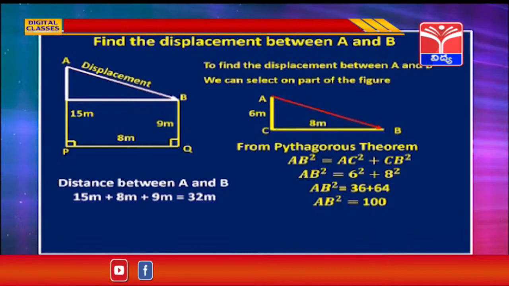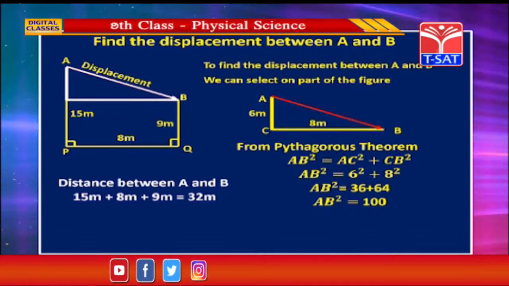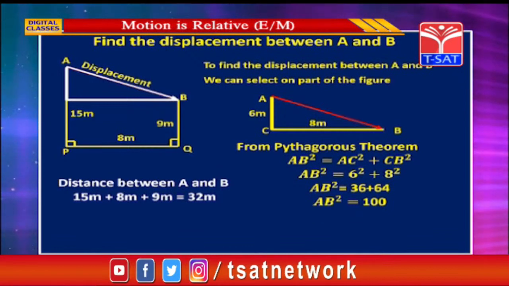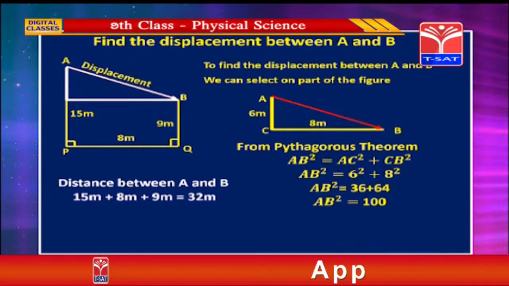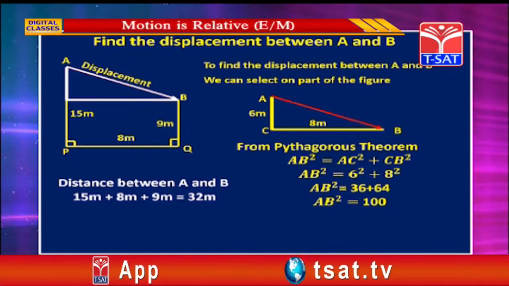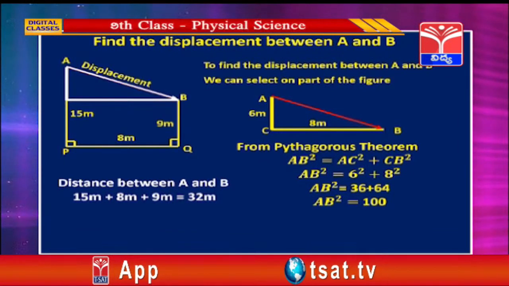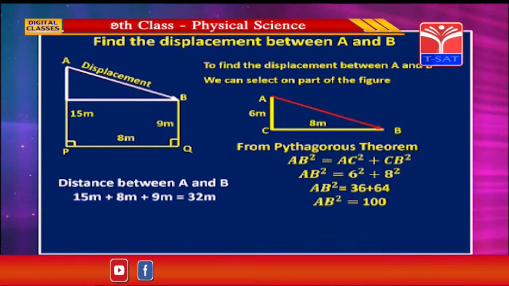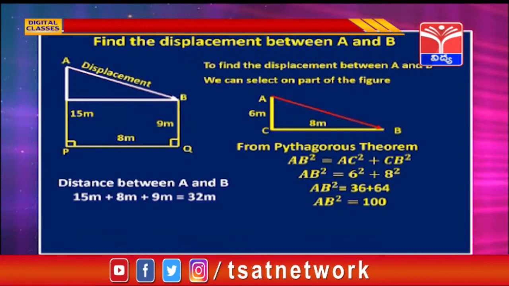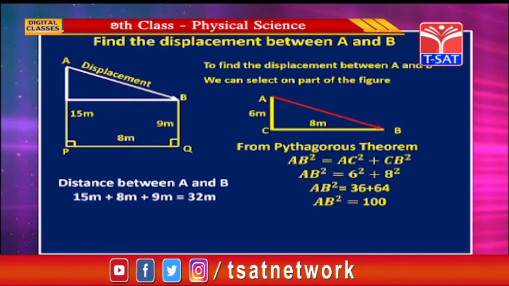AB square is equal to 6 square plus 8 square, which is AB square equal to 36 plus 64, and AB square is equal to 100. So AB is 10 meters. So the displacement is 10 meters, whereas the distance is 32 meters.